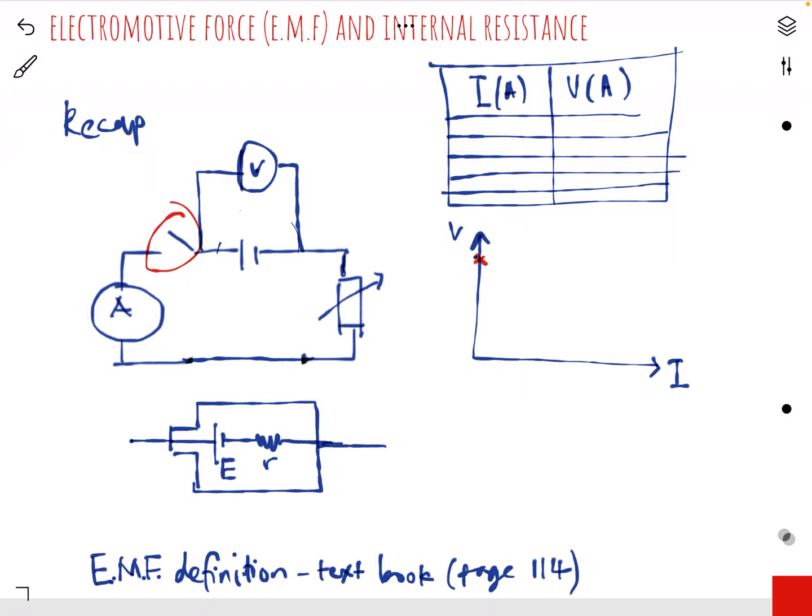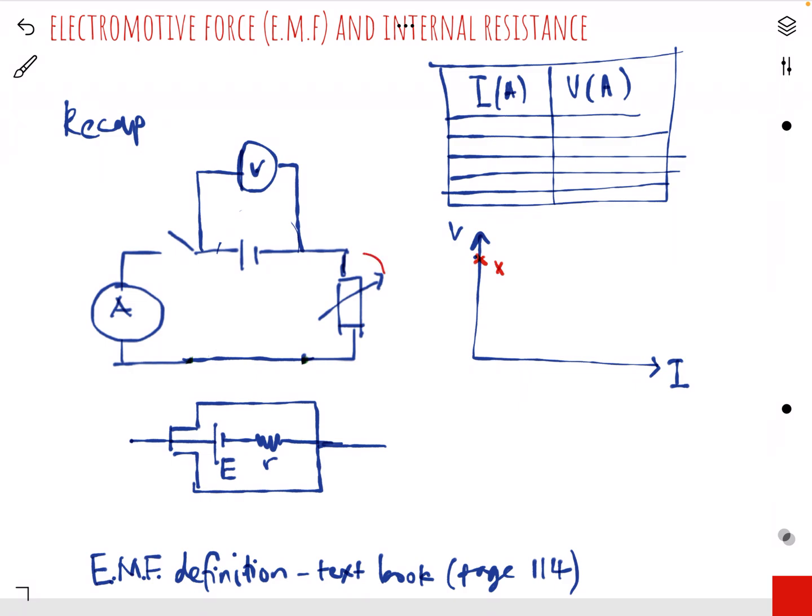So when you switch on the circuit, current will start flowing. So when current flows through the rheostat, some of the energy is used so that the charge can flow through the resistor or the rheostat in this case. What happens is the value of the voltage across the dry cell will drop a little bit.